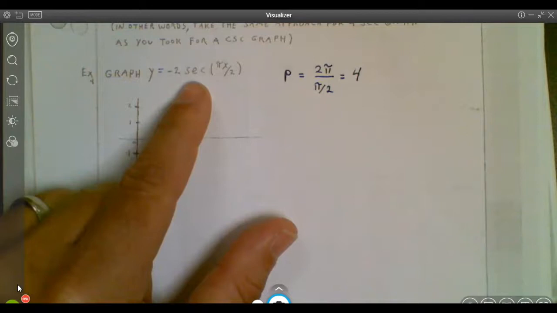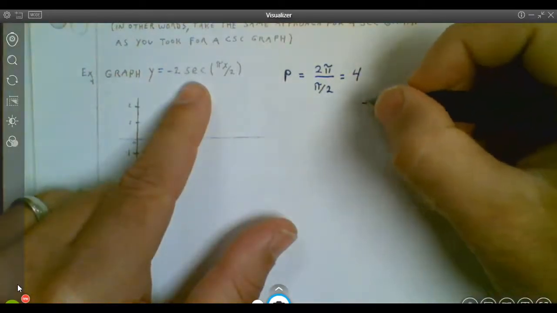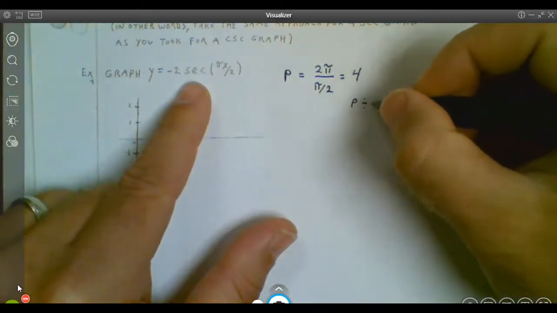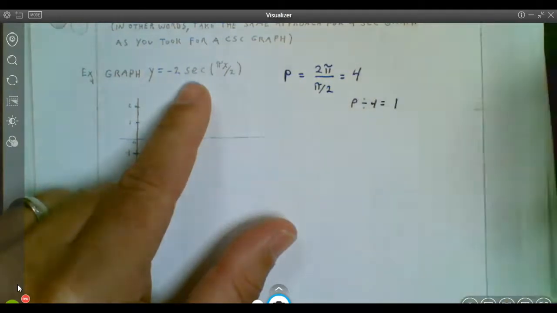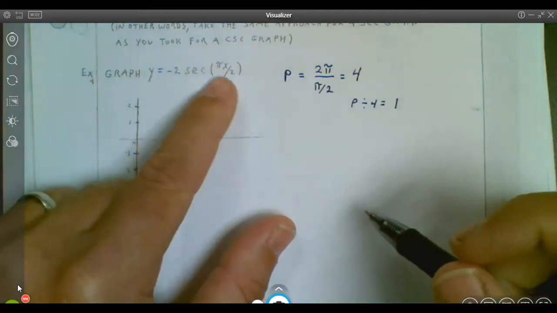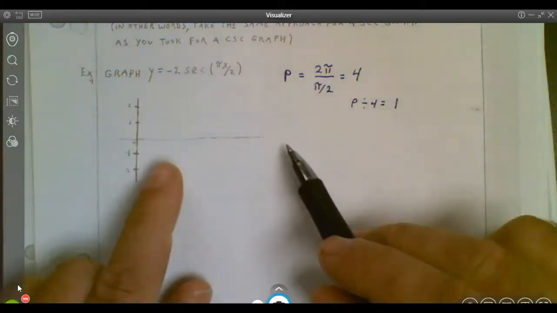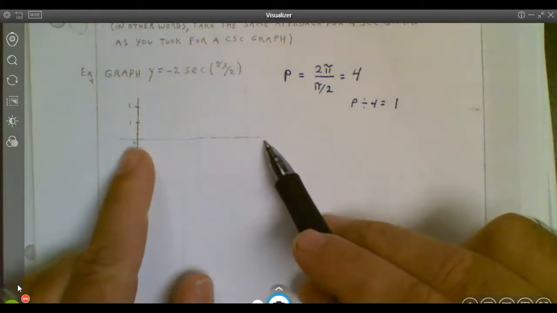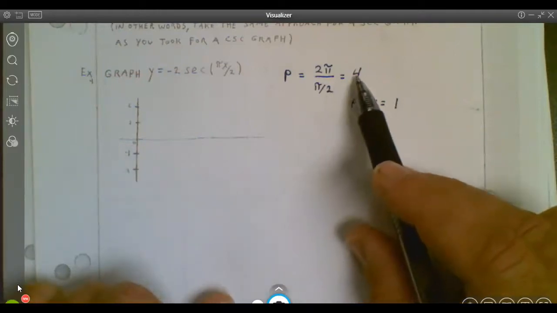When I divide that by 4, so if I did my period divided by 4, obviously I just get 1, which means I need to make a mark every 1 unit. So this one, there's no horizontal shift, which is nice. So instead of going from, say, 0 to 2 pi like the typical function would do, this one's going to go from 0 to 4, because that's what we determined right here.